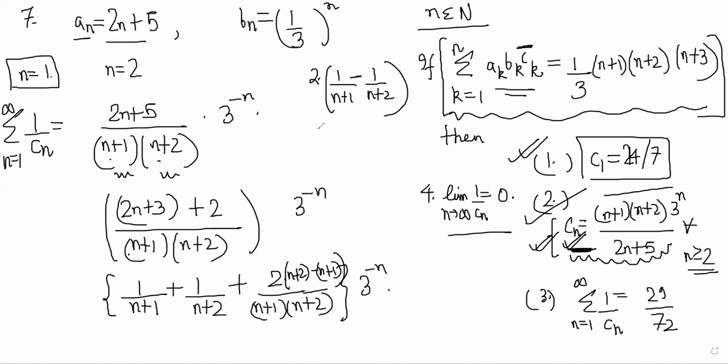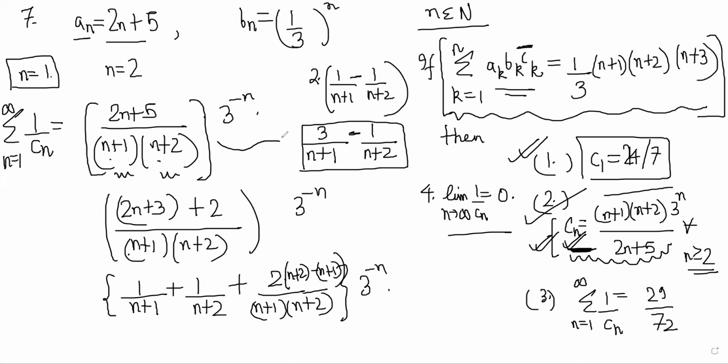So overall you will get 3 by n plus 1 minus 1 by n plus 2, right? Do you understand? This whole thing has been broken into partial fractions like this. So now I need to do the summation, and outside there is a 3 power minus n.